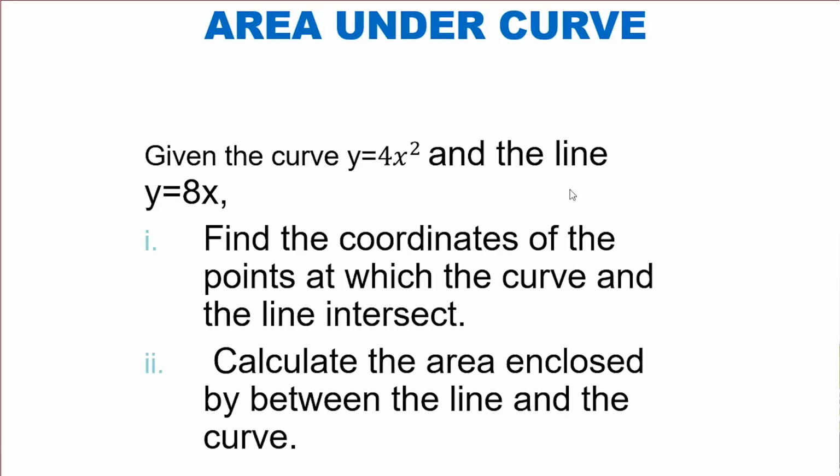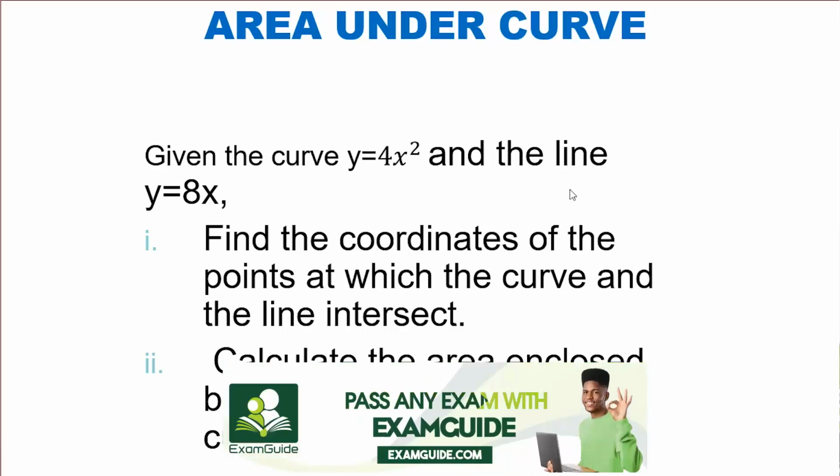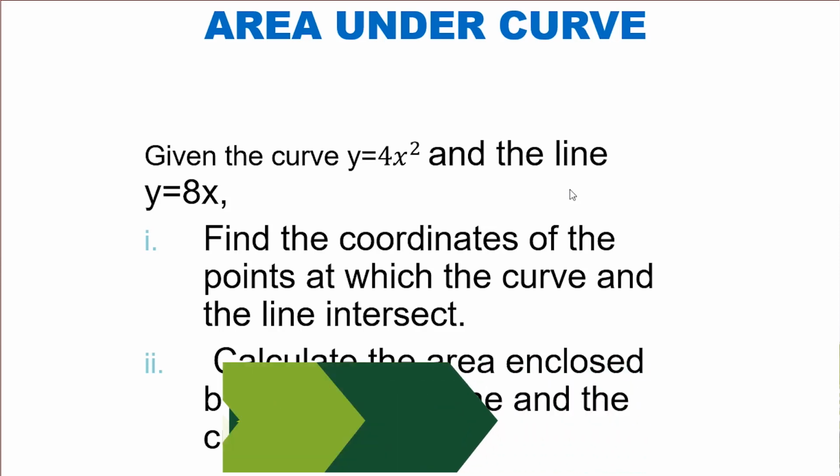Given the curve y equals 4x squared and the line y equals 8x. Can you see wisdom? Now it is up for you to begin to think, how do I link this thing? There must be a navigation link for you to flow. Now let us see how we can link them.